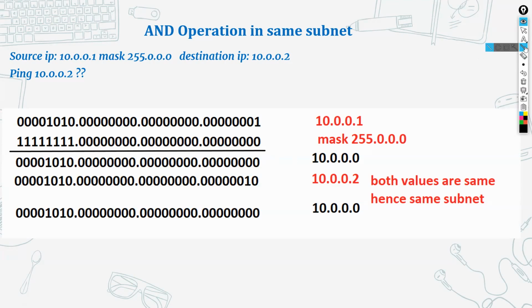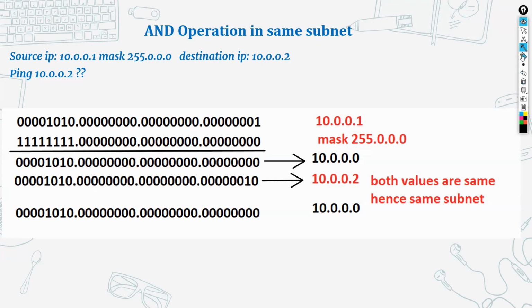One by one there will be an AND operation. Okay, and after the AND operation we got this particular result, which is 10.0.0.0. Now this is the binary form of 10.0.0.2, the IP address we are going to communicate with, right?